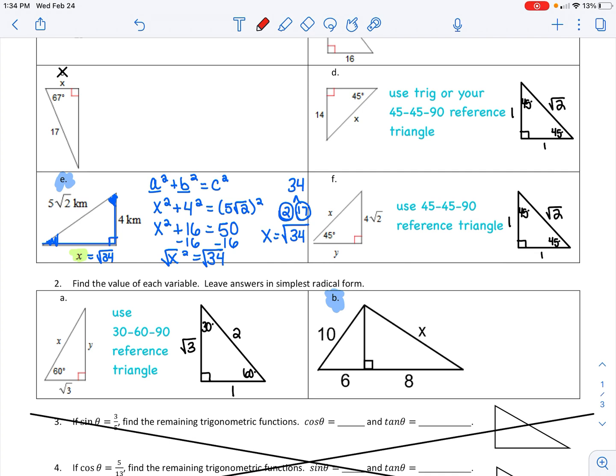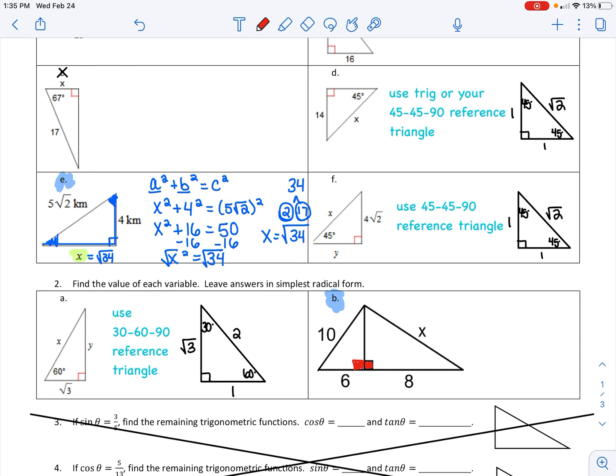Now with part B, this one is a little bit harder because you actually do have to use the Pythagorean theorem twice. If there's a 90-degree angle on this side, on that specific triangle, there's actually going to be a 90-degree angle on the other side as well, because those are perpendicular.